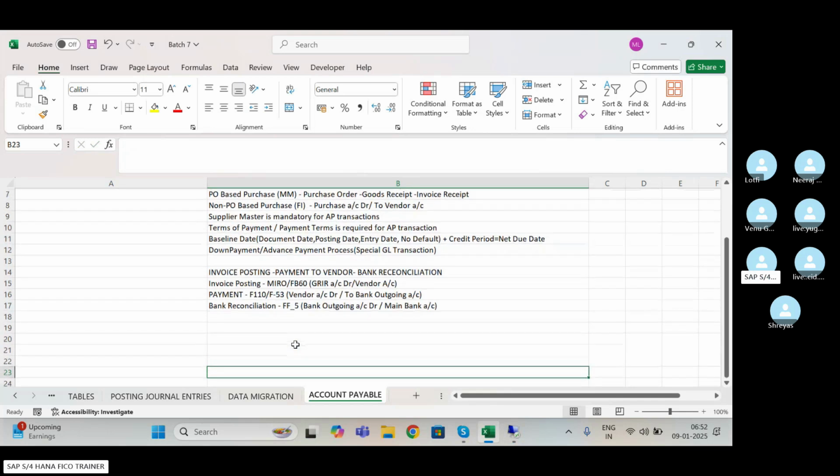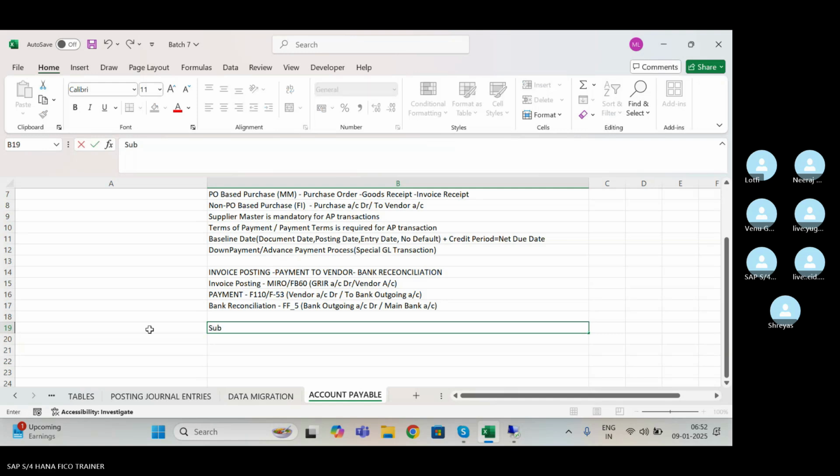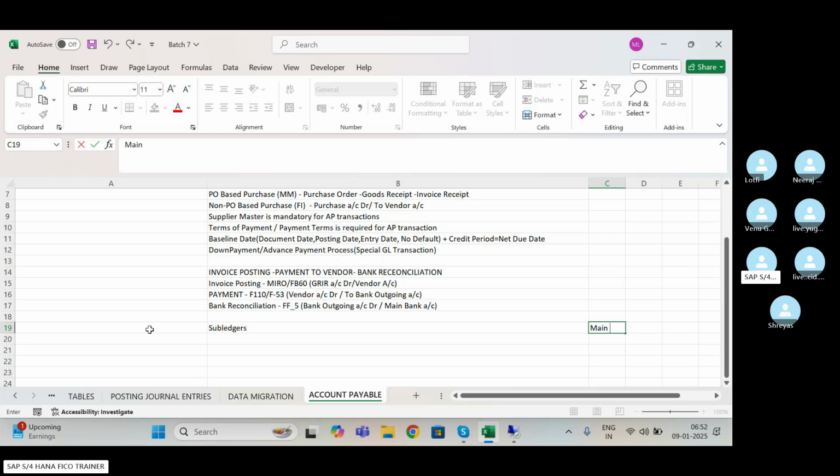So let me put it this way. Sub ledger. And main ledger, general ledger, reconciliation, recon account, or control account.